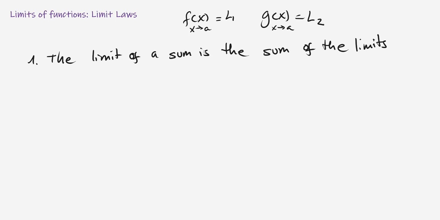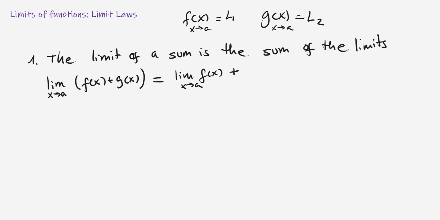It means that if we're looking at the limit as x approaches a of the sum f of x plus g of x, well, in that case, that is equal to the limit of f of x as x approaches a plus the limit of g of x as x approaches a, or it is equal to L1 plus L2.